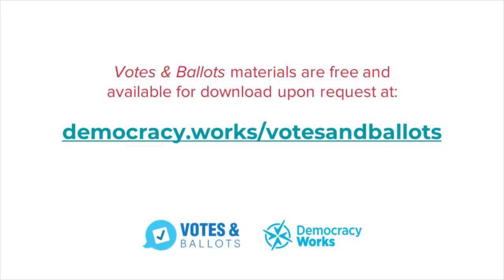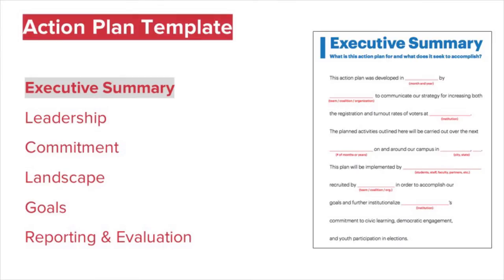You can get any of the materials for Votes and Ballots free at this website, democracy.works/votes-and-ballots. And just to show a little bit more about what all is included in the Votes and Ballots materials, there is an action plan template that basically takes the Strengthening American Democracy Guide and Mad Libs it.